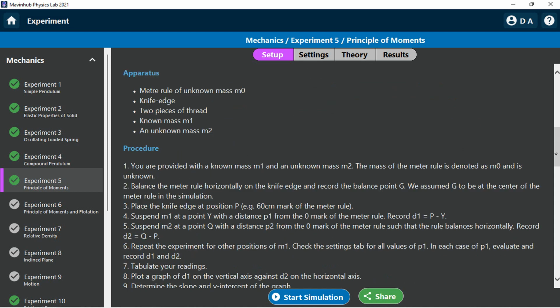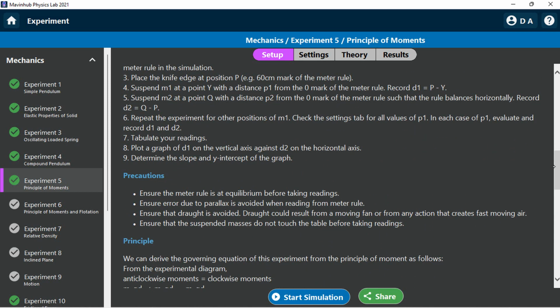Once you've gotten P1, D1, P2, and D2, the next thing you want to do is to tabulate them. Then you have to repeat the experiment for different positions of M1. What that means is after the first round, the second round will require you to readjust M1.